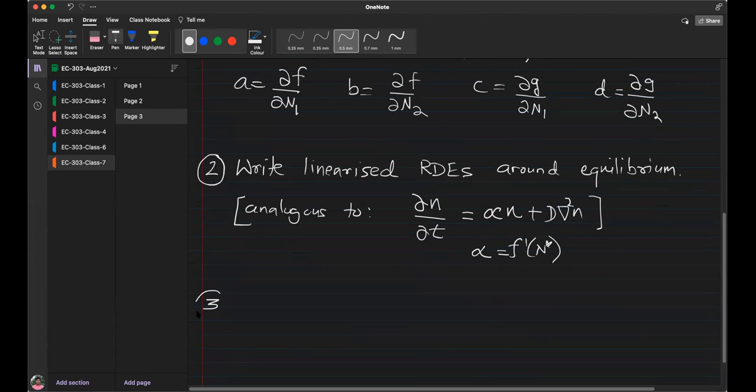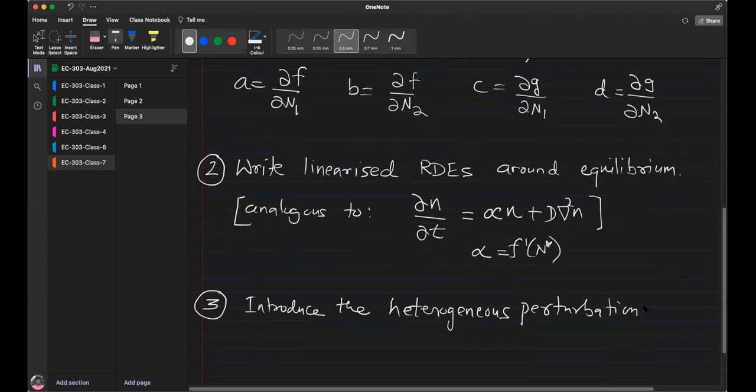What will the third step be? Having written that down, introduce the heterogeneous perturbation. This is analogous to what we did in the previous class, n is equal to, and you could choose sine or cosine, it doesn't really matter.